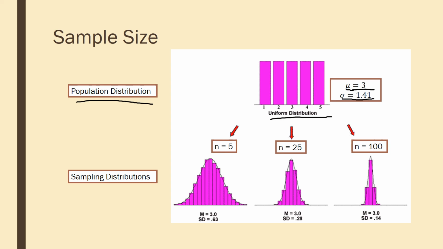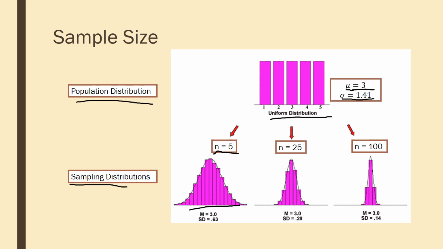Now in this first sampling distribution, we took an infinite amount of samples, or a really big amount of samples. The amount doesn't really matter. What really matters and what you really should focus on is the n. So for each sample, we have an n of 5 for this distribution.